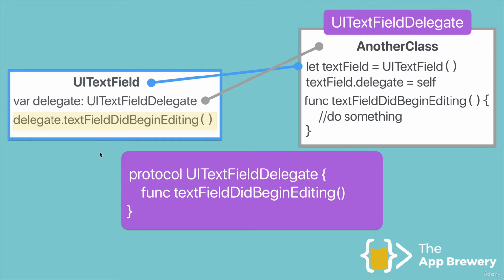So we're only seeing a part of the picture here when we use the UI text field. To get an even deeper understanding of protocols and delegates, let's create our own reusable class, which has a delegate property and can trigger the delegate methods. Let's see the entire picture by creating everything from scratch.